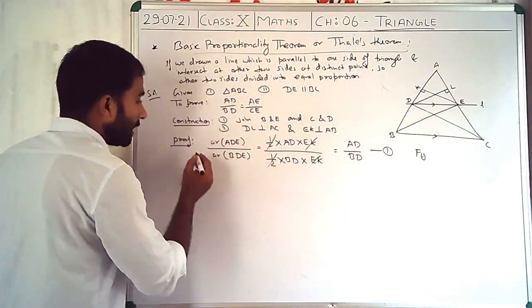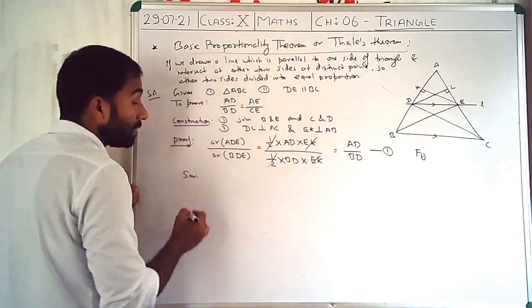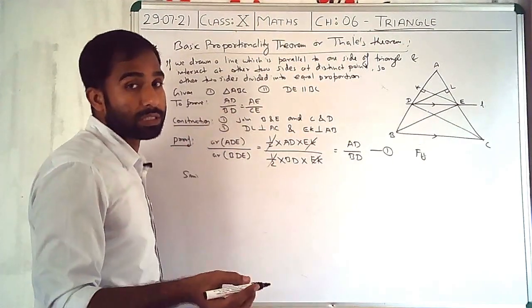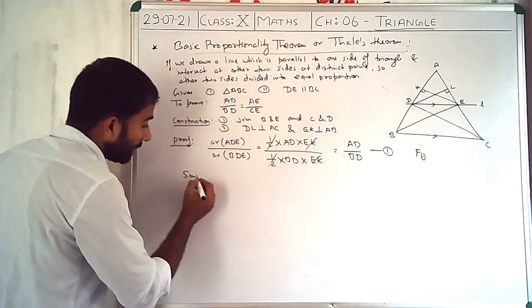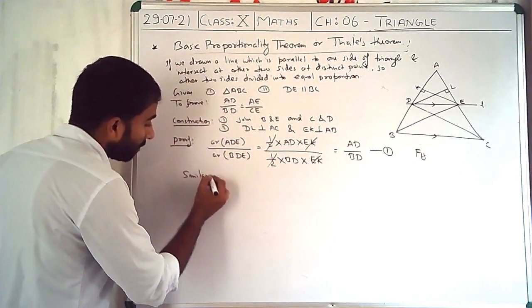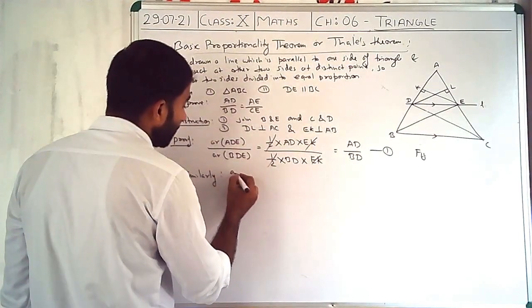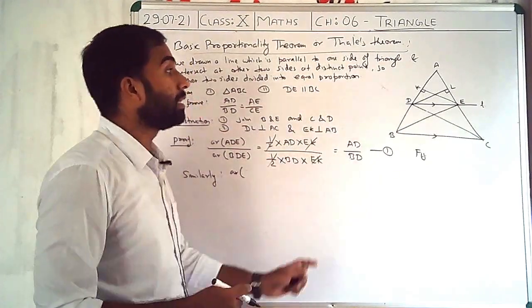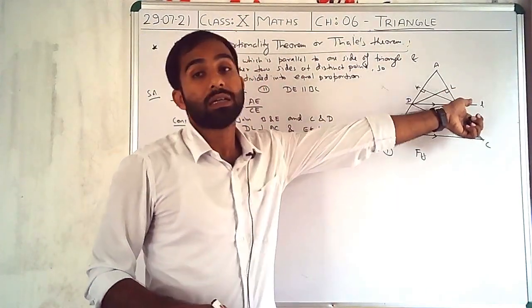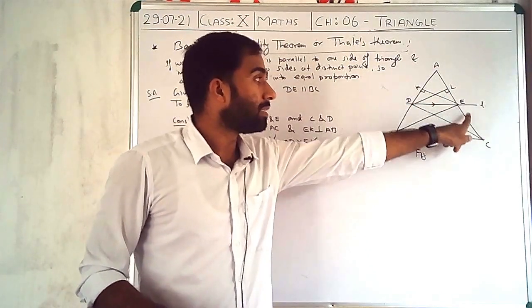Now the next point is, similarly, if we repeat the same procedure, then we can use one word, that is similarly. Okay, similarly, area of triangle. Now we will decide the triangles from the right side. Okay, AE and CE.